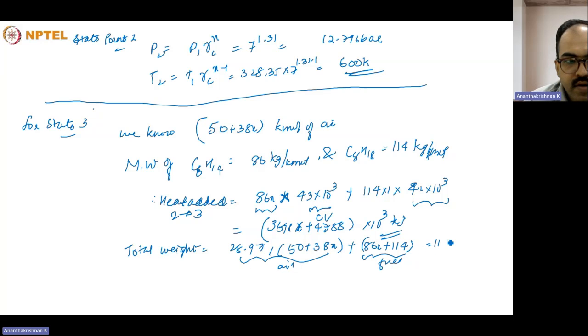That will give us 1186x plus 1562.5 kilograms.